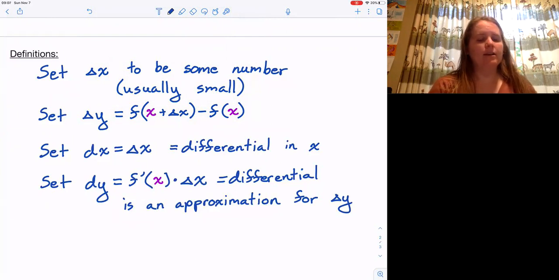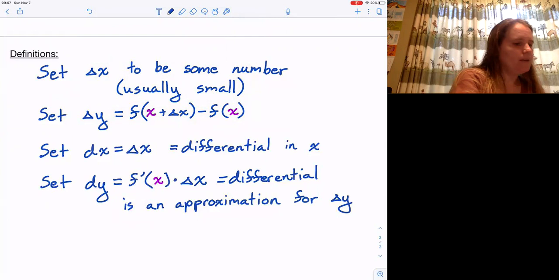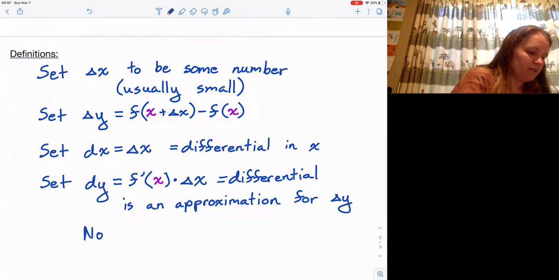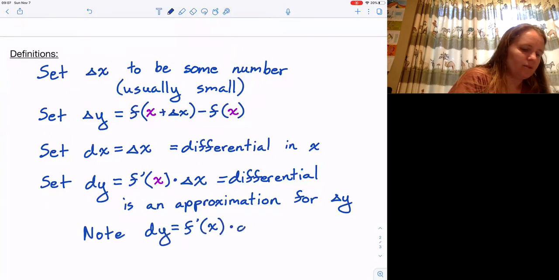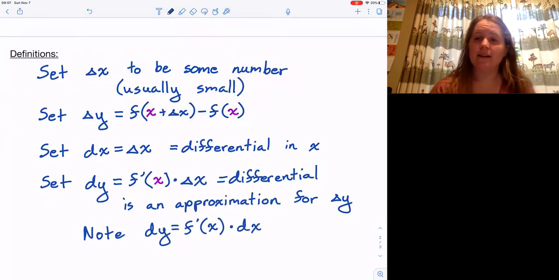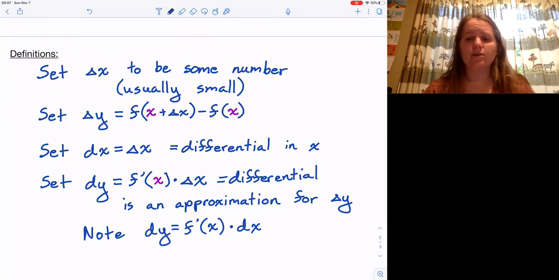In reality, it's not really any more complicated than finding the derivative, since, also note, dy is just f prime of x times dx, since we set dx to be the change in x. So all we're really doing is taking f prime of x, whatever f is, and then multiplying by that differential dx.